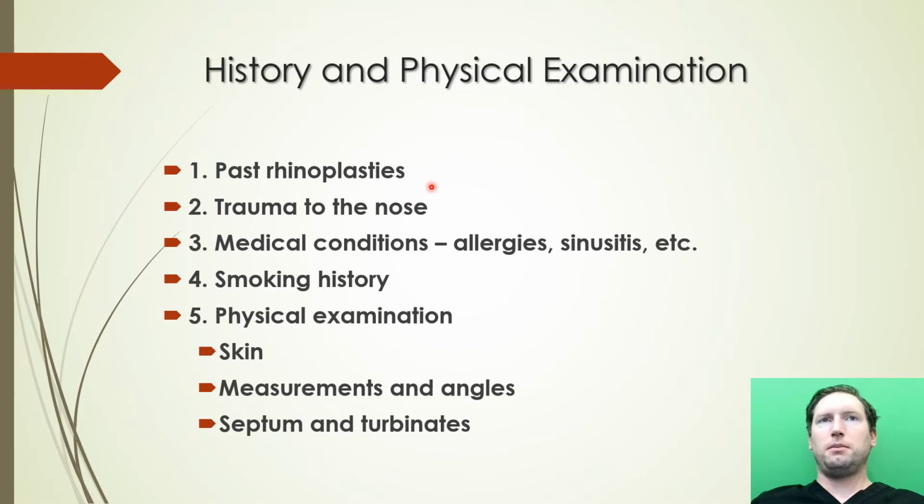We want to know about any past rhinoplasties that you may have had, any trauma to your nose, any medical conditions which may exacerbate your breathing troubles such as seasonal allergies, sinusitis, etc. Smoking history is really important because we all know that smoking can cause problems with breathing through the nose. And then we do a good physical examination, which includes looking at the quality and texture of the skin of the nose, doing various measurements and angles, and then looking at the septum and the turbinates inside the nose.